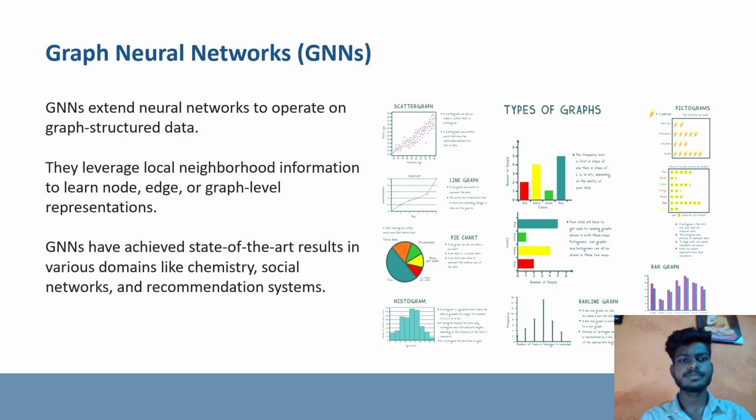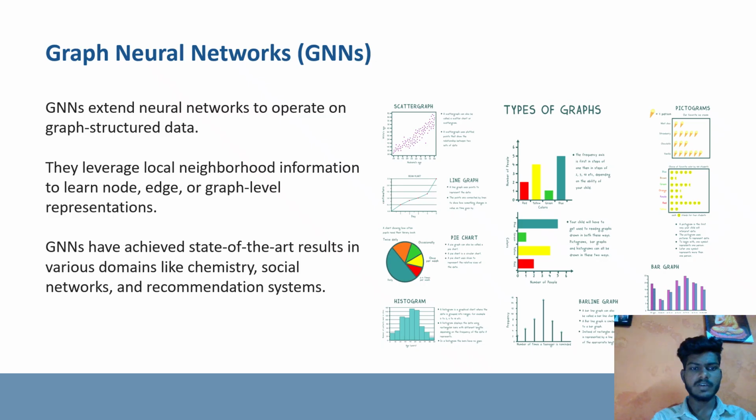Graph neural networks (GNNs). GNNs extend neural networks to operate on graph-structured data.